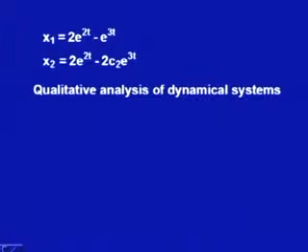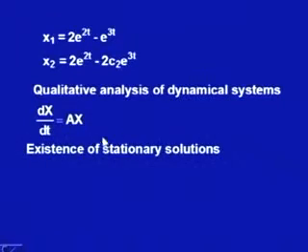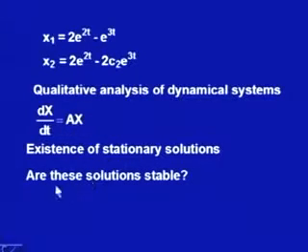By qualitative analysis of a dynamical system, I mean to say that for a given system dx/dt = Ax, we may like to answer questions like existence of stationary solutions. That means, does the system have stationary solutions, or we may like to know, are these solutions stable?